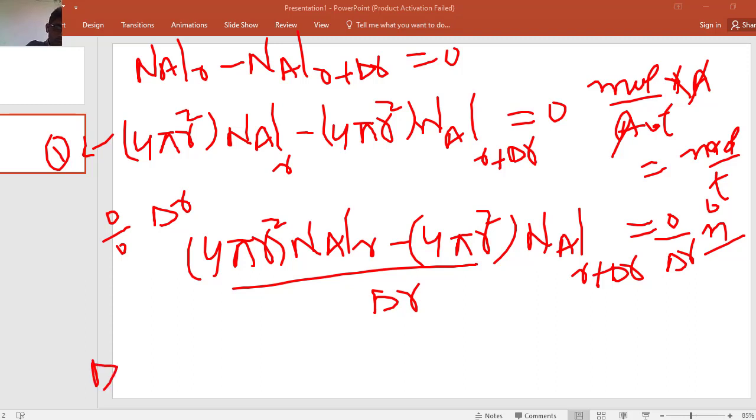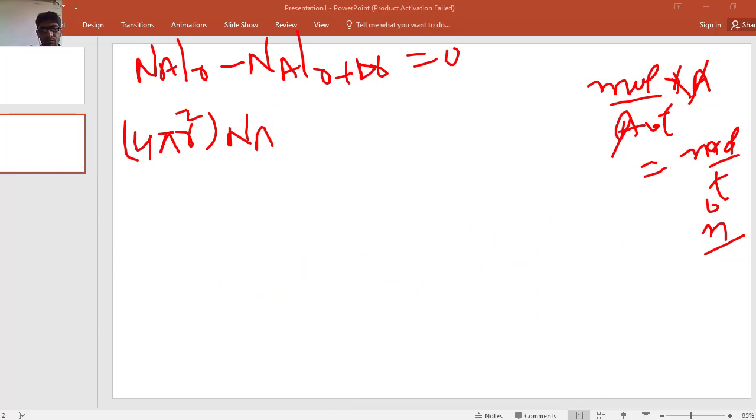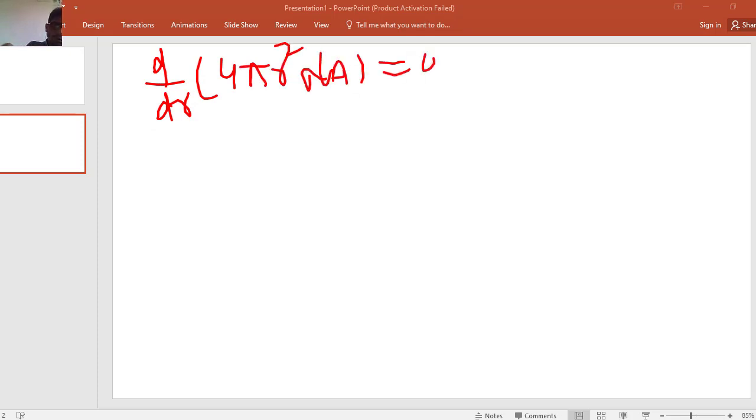Now let delta R tend to 0 and use the definition of the first derivative. We will get minus d by dr of 4 pi r square NA is equal to 0. Or we can write d by dr of 4 pi r square NA is equal to 0.